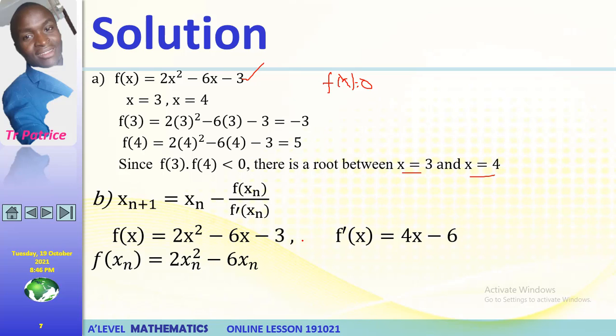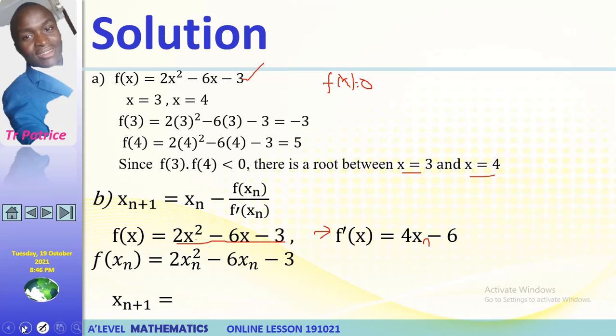Then if I differentiate this, I will get 4x minus 6. Then I insert n as a subscript, f of xn, because what I will use is f of xn. Inserting it first here, if you insert it later, it will be hard to differentiate mathematically.